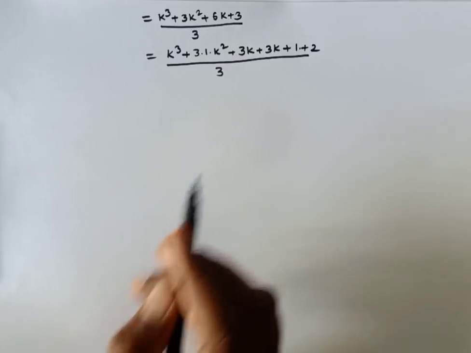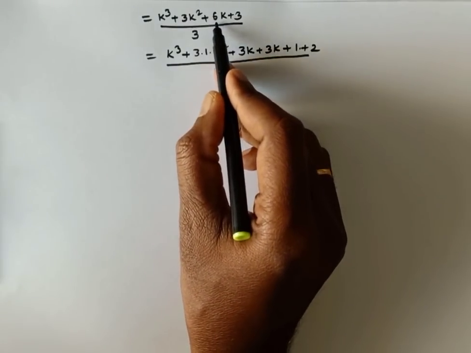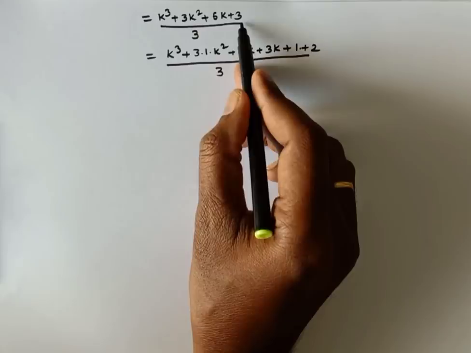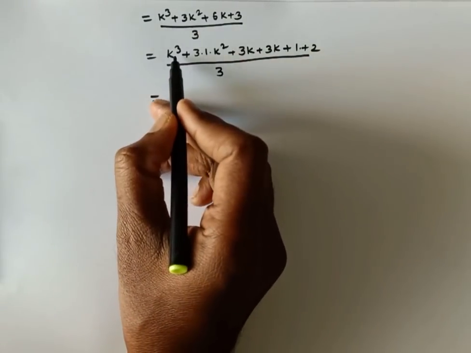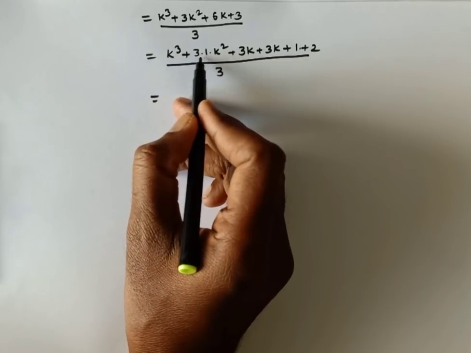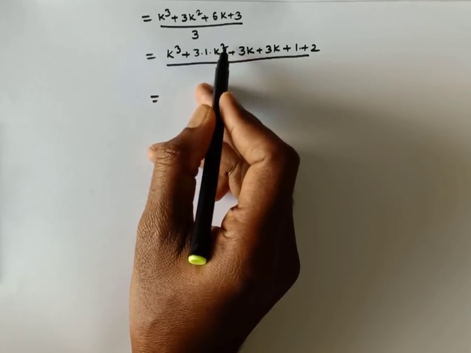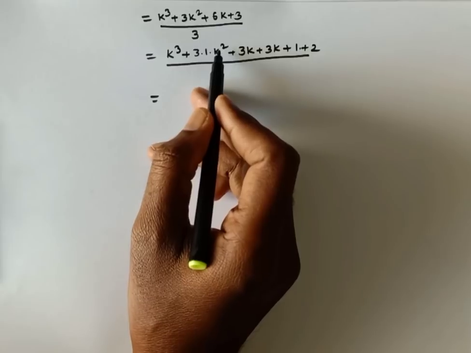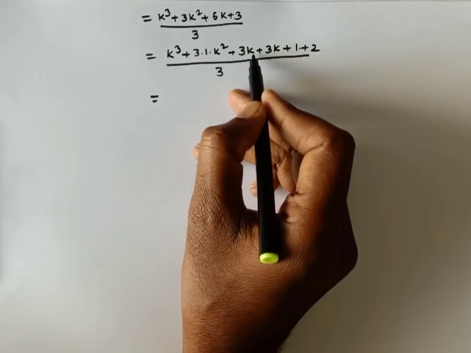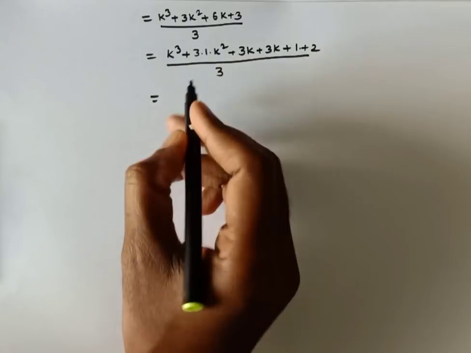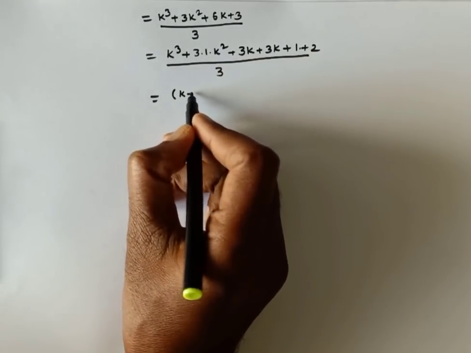Got it? Just split this 6k as 3k plus 3k and 3 as 1 plus 2. Now this is k cube plus 3 into b into k square, and this is 3 into 1 square into k, and 1 cube is there. So that part can be written as k plus 1 whole cube.